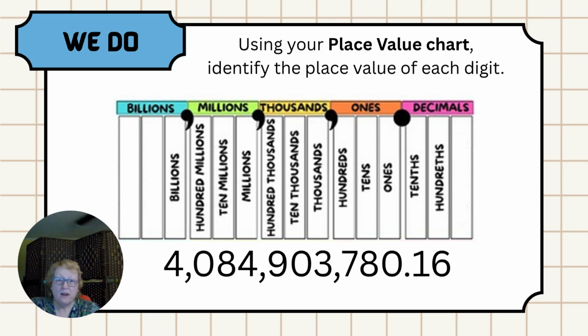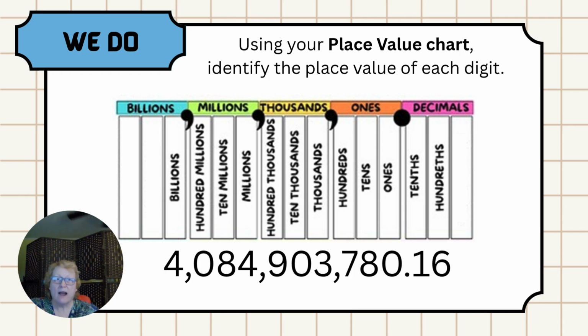The second thing we will do is to create our place value chart on top of the number that you just wrote down. For each digit, you are going to identify in the place value chart what place value that digit represents. If you'll notice, in this particular number, there is a decimal point.